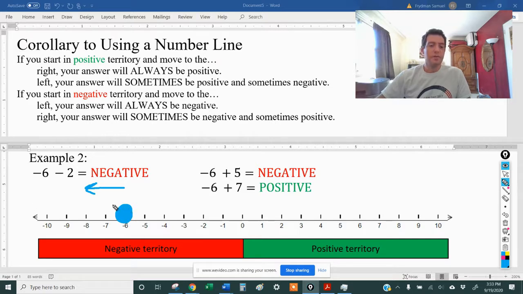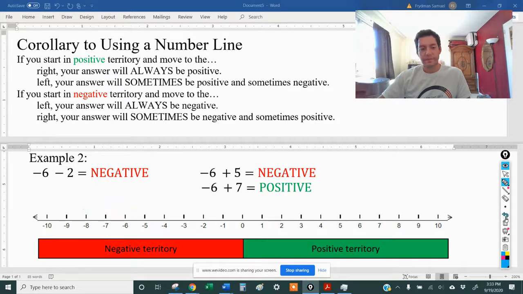If we start here and we move to the left, there's no way that we could possibly get into positive territory. So for example, negative 6 minus 2, I'll go 2 spaces to the left, and you can see I end up on a negative number, negative 8.